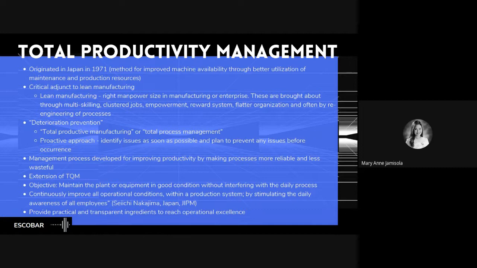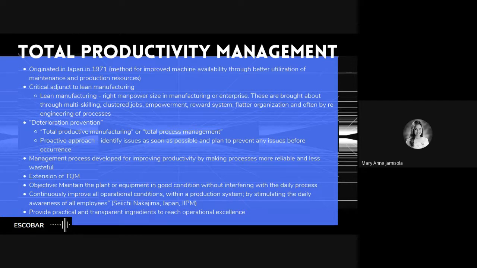The objective of TPM is to maintain the plant or equipment in good condition without interfering with the daily process. To achieve this objective, preventive and predictive maintenance is required. By following the philosophy of TPM, we can minimize the unexpected failure of the equipment.